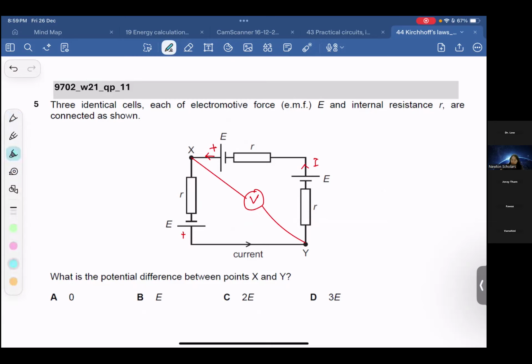You look at this: this is the overall current in this direction. That means this one is in the correct direction, this one also, this one also. So your total EMF, adding up these three, equals I times the total resistance. Then can you find the potential difference between point X and Y?